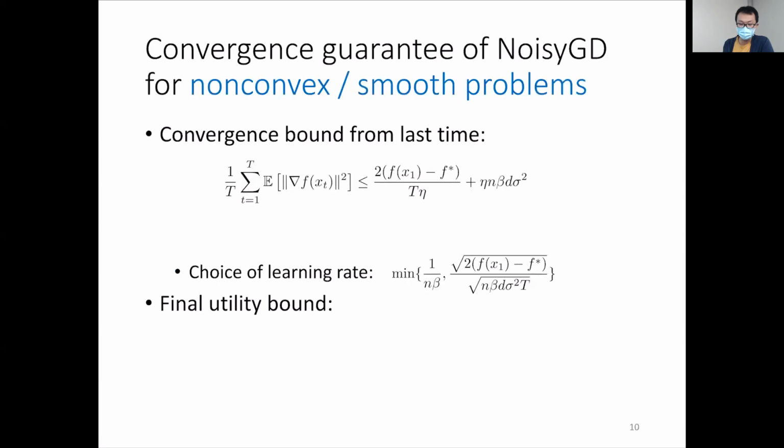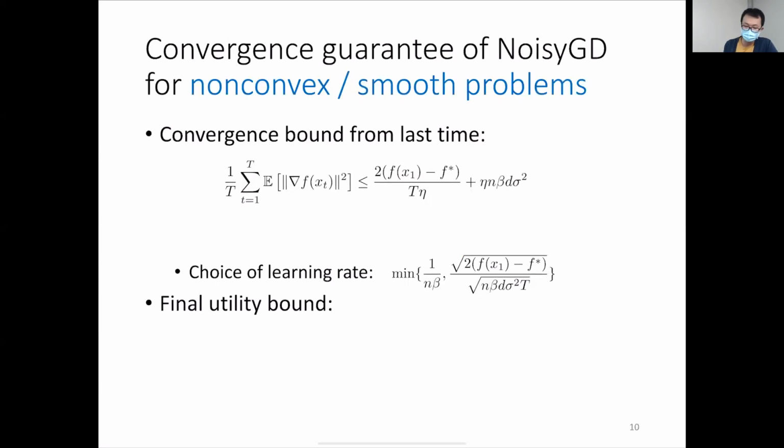And how we measure something is near a stationary point, we can measure it through the norm of the gradient of these points, right? So on the left-hand side, this is the average square norm of the gradient, taking expectation over all the random variables in the system. So this is the expected gradient first order condition convergence rate.